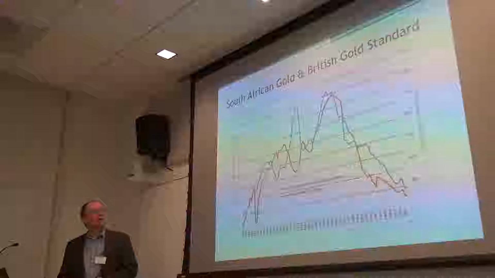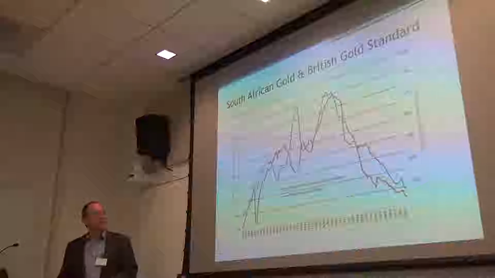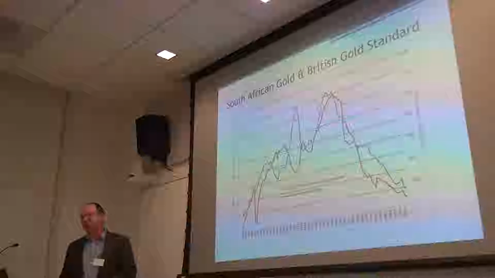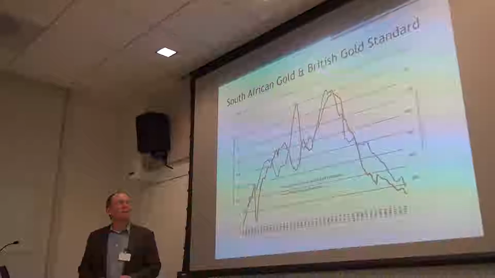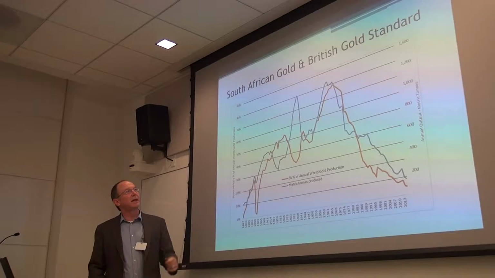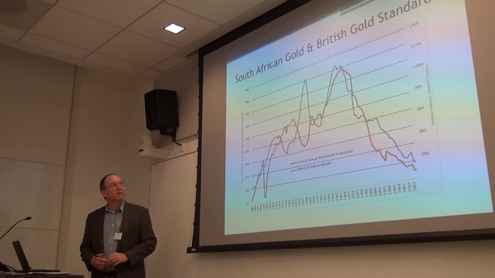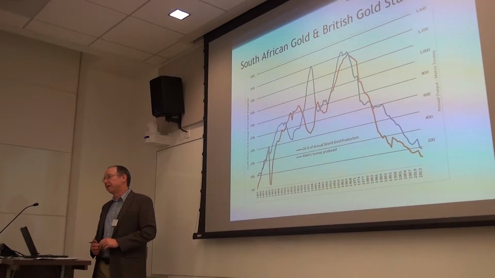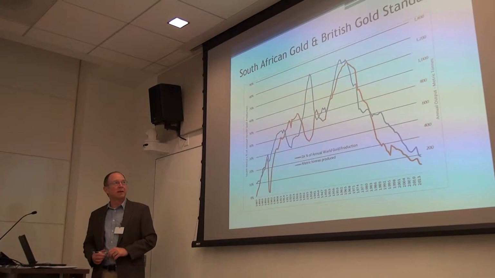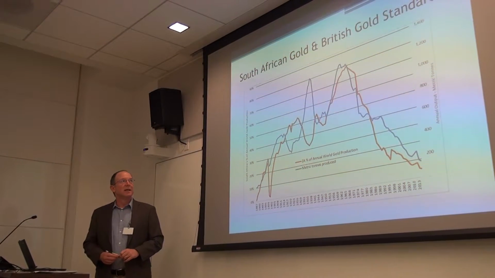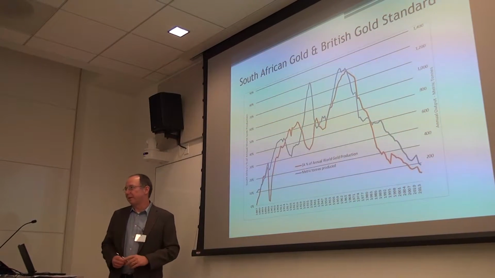Looking up here, and I know there's some debate about these percentages. I use the Chamber of Mines, which is the South African Mining Bureau, for these numbers, but they claimed that it was upwards of 80% of the world gold output, particularly during the $35 an ounce fixed price, was coming from South Africa.